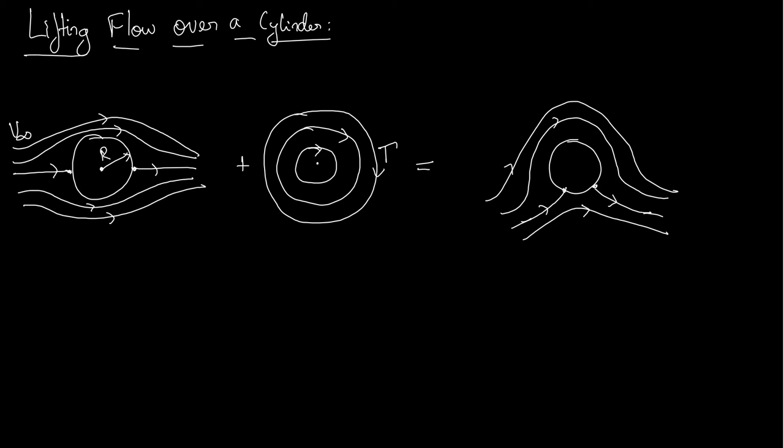So we have derived the stream function for a non-lifting flow over a cylinder. We have it to be psi equals V infinity r sine theta times 1 minus R squared by r squared, and we know what is the stream function for a vortex flow, which is gamma over 2 pi times ln of r plus some constant.